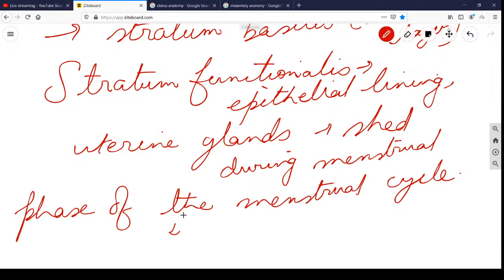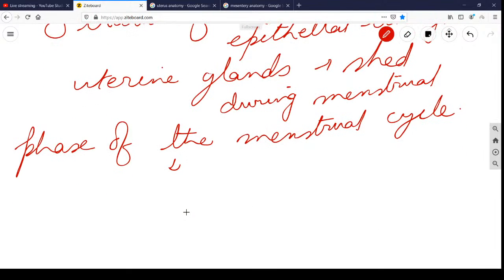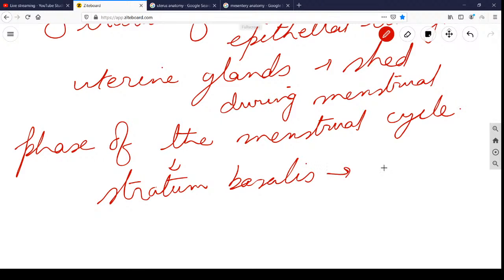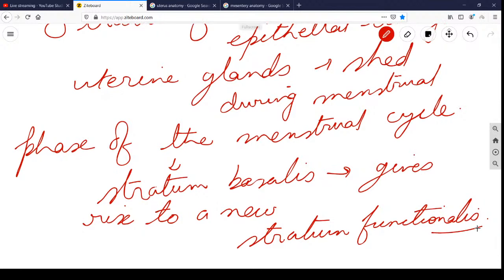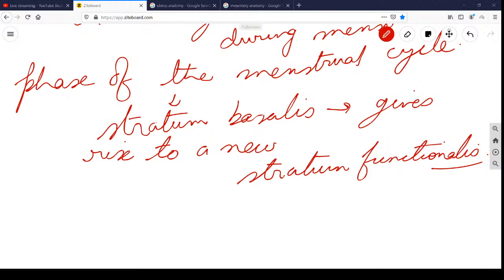So after this phase, when the follicular phase develops, the stratum basalis again gives rise to a new stratum functionalis.